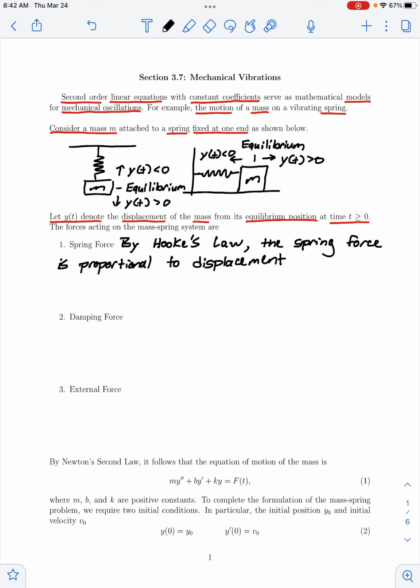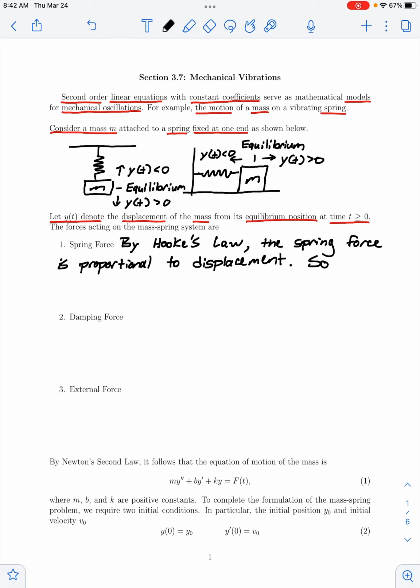And it acts in a direction opposite of the displacement. So for instance, if I were to pull my mass downward, my spring force would be acting in an upward direction.